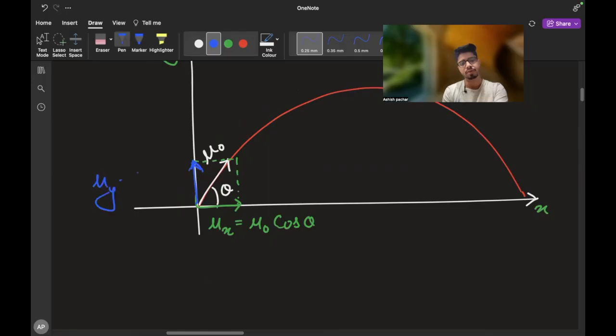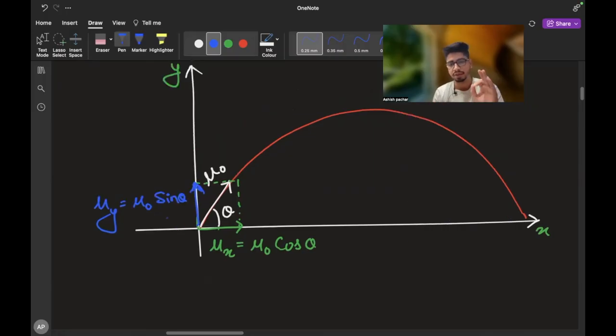If the student is already aware of that, they can skip that part and move further. So right now, this is the basic idea that I introduced: the horizontal x component and the vertical component of the velocity. We are going to split that.